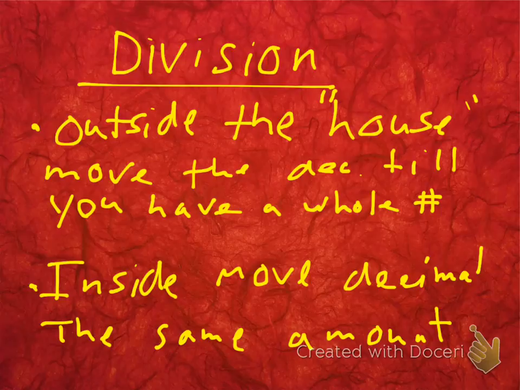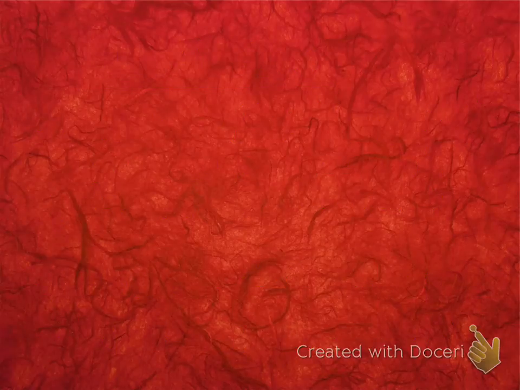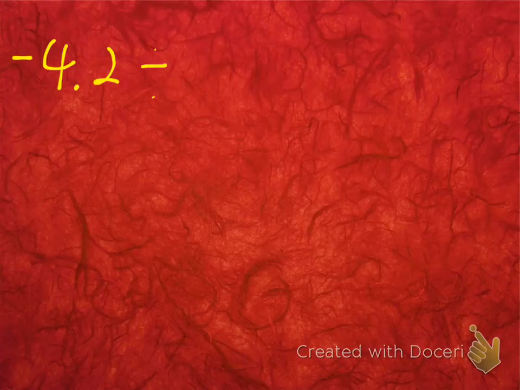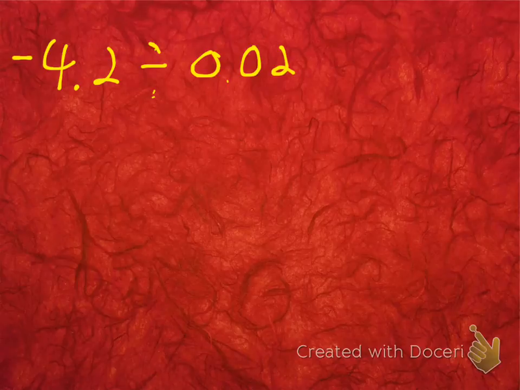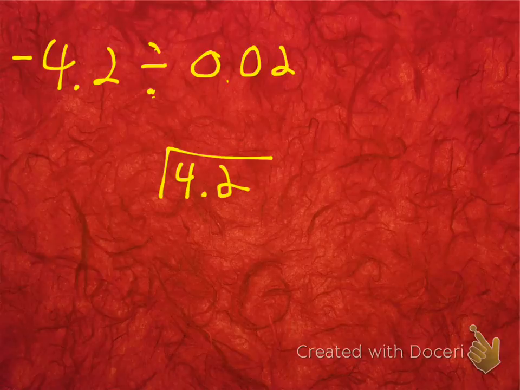So if I said negative 4.2 divided by 0.02, what number goes inside the house? 4.2. Outside is 0.02.